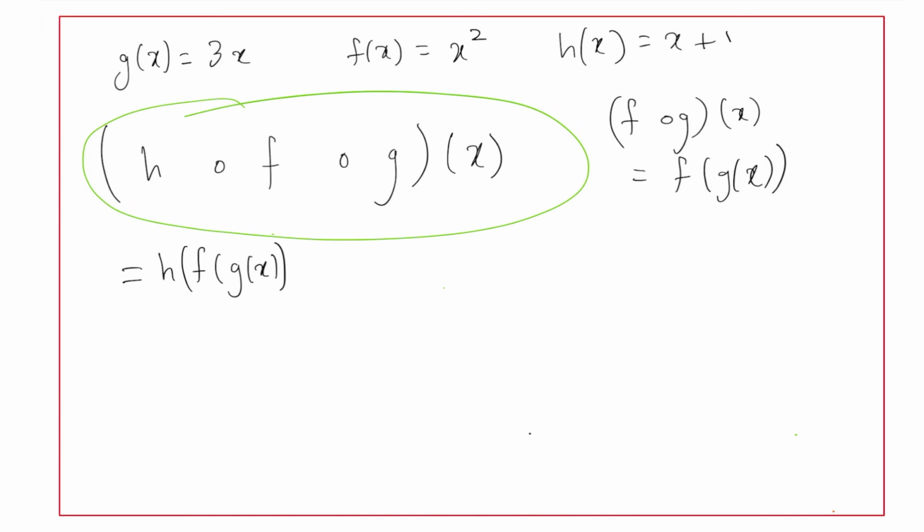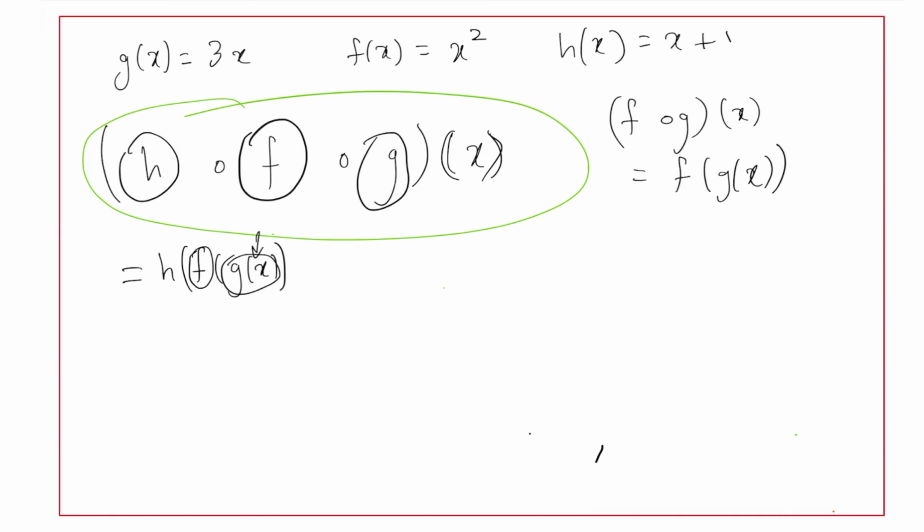However, here we have three, so it's h of f of g, and then finally the x is inputted into g. So we notice g is the input to f, and then that makes up a composite function in itself, which is then inputted into h over here. Great.